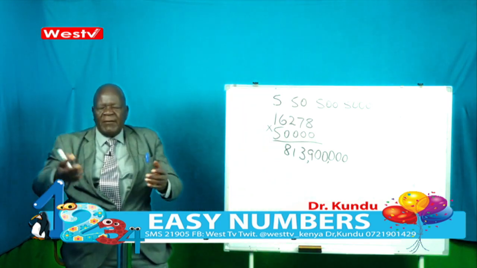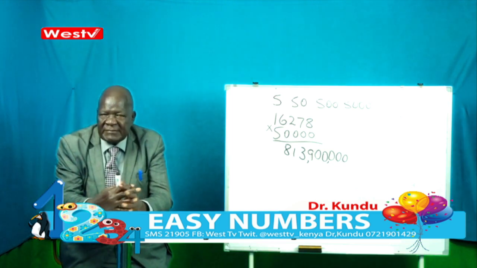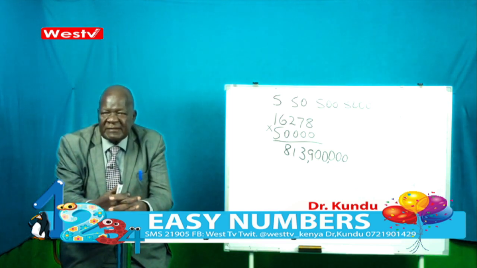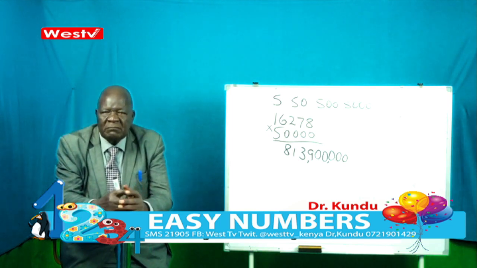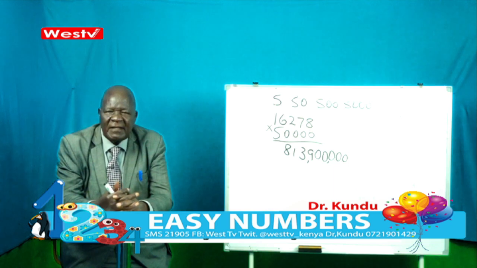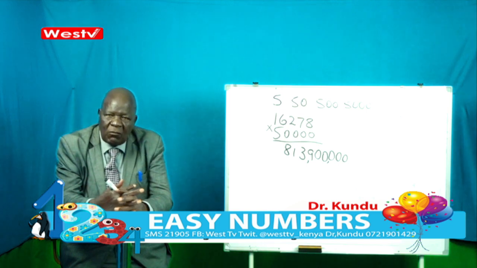Let's say our multiplier is 500. And let's look at these numbers. What is the answer to 444 multiplied by 500? And the answer is 222,000. How?